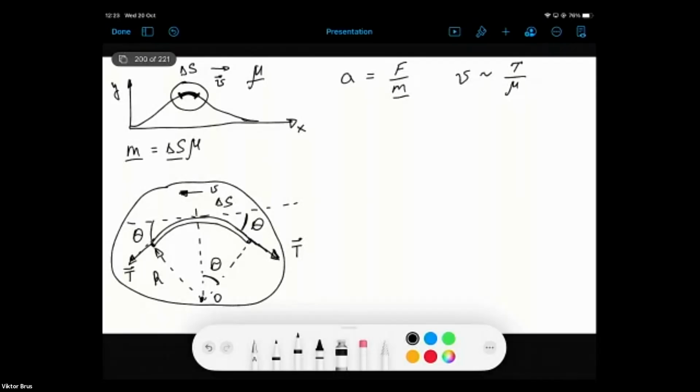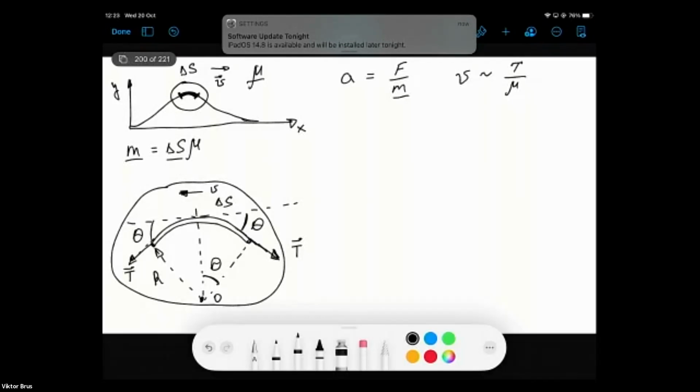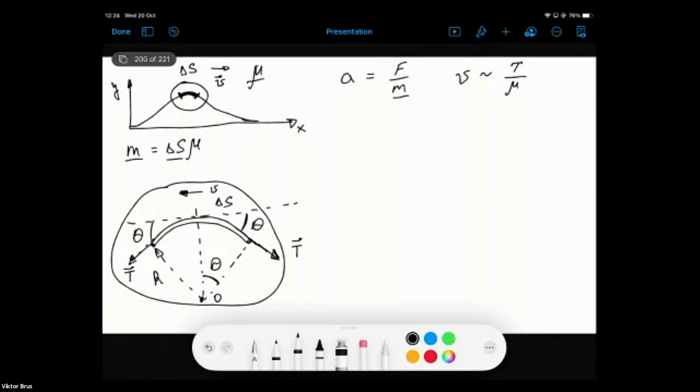Since this element is moving on a circular trajectory, it will possess some centripetal acceleration. So we can write that centripetal acceleration will be v squared divided by radius.